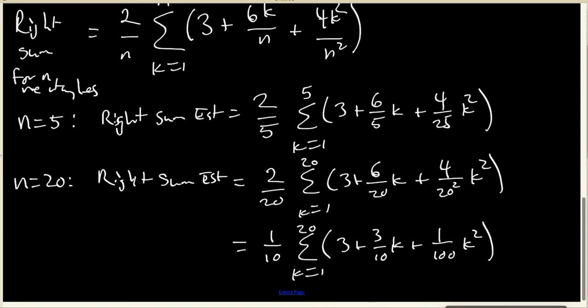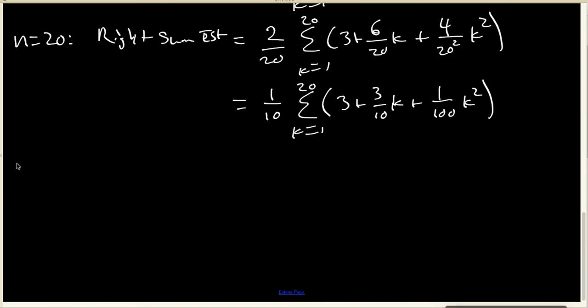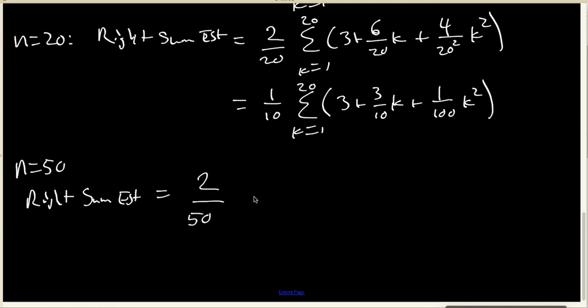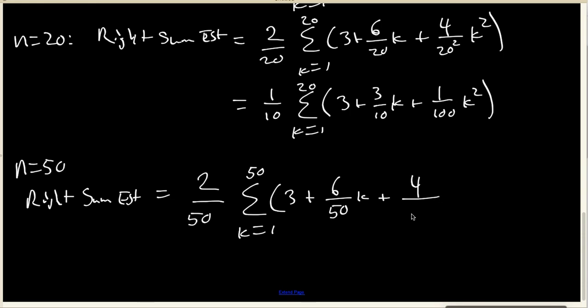And then finally, my last one, when n is equal to 50, my right-hand sum estimate would look like 2 over 50 times the sum as k goes from 1 to 50 of 3 plus 6 over 50 times k plus 4 over 50 squared times k squared.